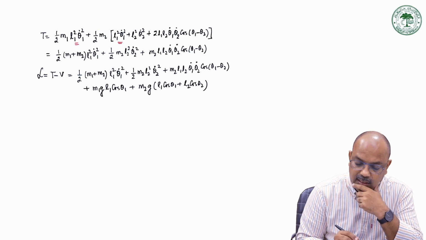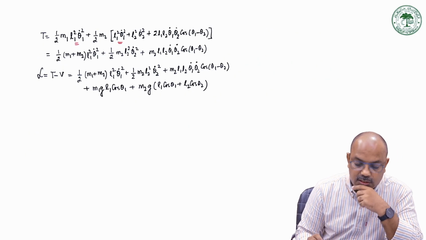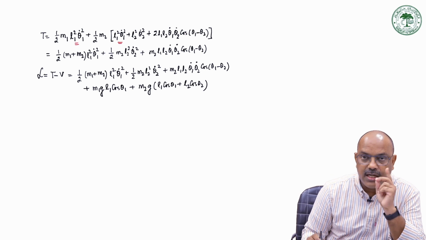So now, once I have the Lagrangian, the two independent coordinates here are theta 1 and theta 2.